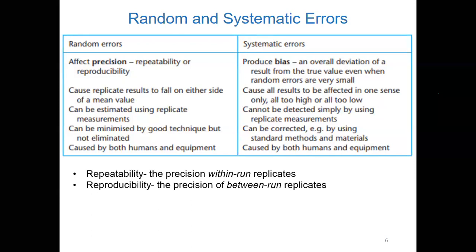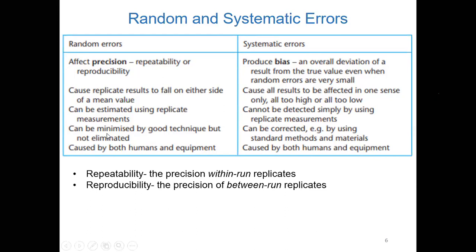So even if you do an experiment in different laboratories under different conditions using different glassware, if you still get a precision, that means the precision is between run replicates, and we call it reproducibility. In that case, we say our results are reproducible, right? That is the difference between repeatability and reproducibility.